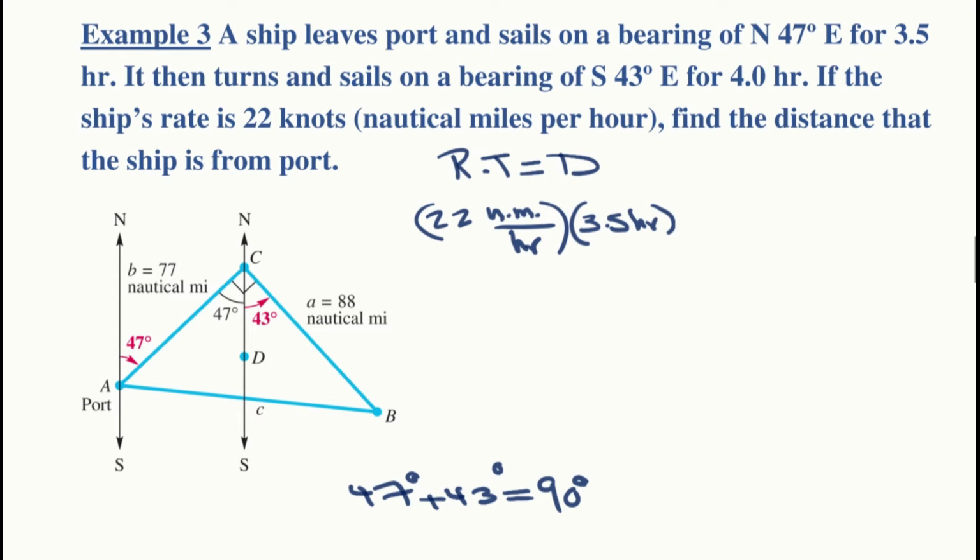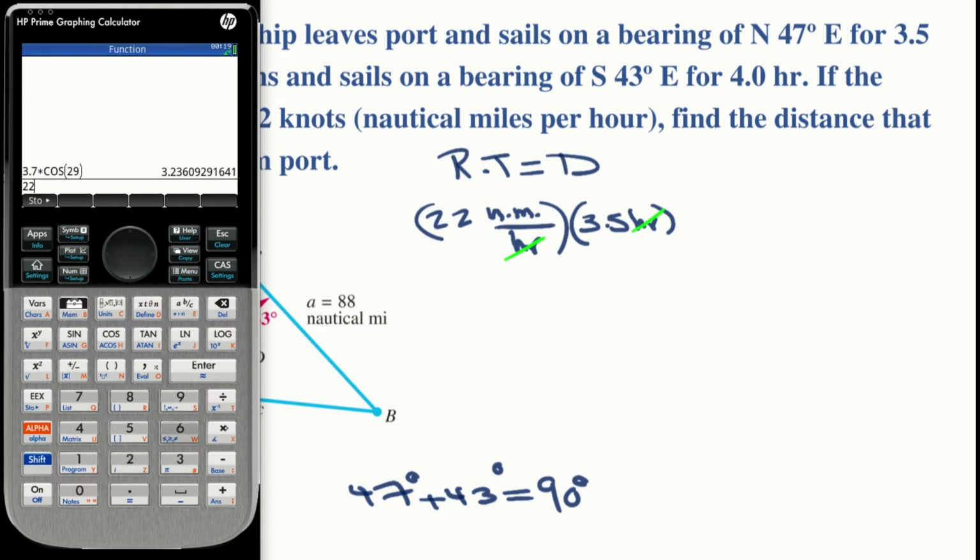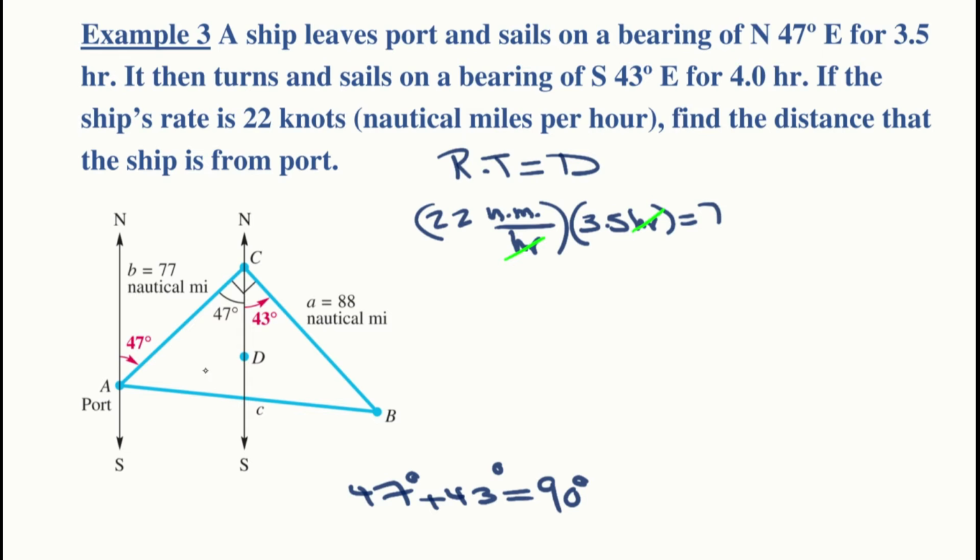Note that the hours will cancel out, and all we need to do now is multiply 22 by 3.5, and we get 77 nautical miles. Remember, that's slightly more than 77 miles. You'll have to multiply that by about 1.15 to see how many land miles that is.